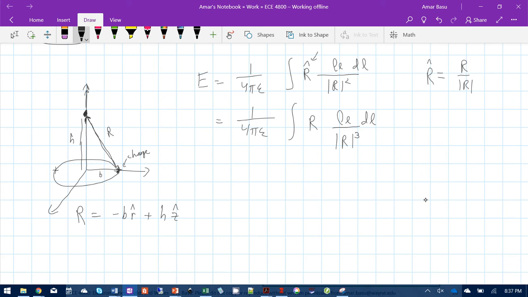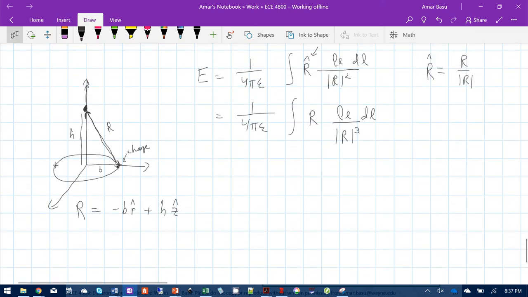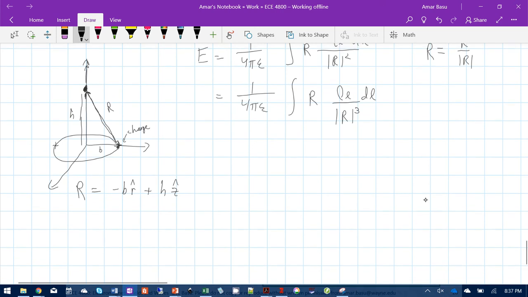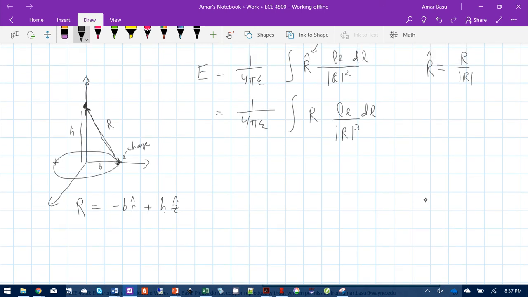Make sure you know that the R in this case is a vector that points from the charge to the observation point. What's another way we could find this? I just want to remind you that the way that you find the R is you subtract the locations of the points. So this is the observation point P, and this is the charge Q.